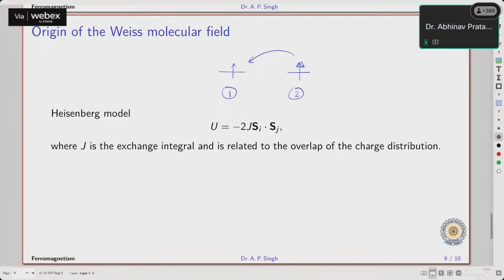But the other problem is Pauli's exclusion principle. That will not allow this electron to go to the site of electron number 1. Why? Because both of them have parallel spins, and if they want to come to the same site, their spins should be opposite. So this transfer is not allowed, and therefore they are far apart, and therefore they will have low energy.